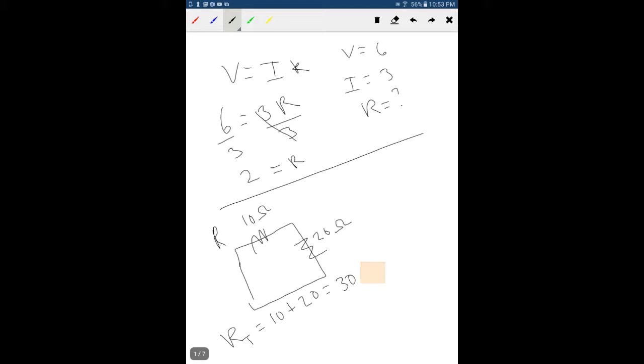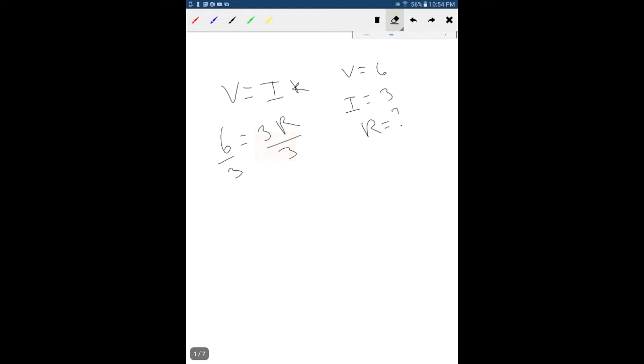So let's go back and erase all this to give us a nice blank screen, because we're going to need a little bit of room to compute our parallel circuit. We've got our battery right here, this is our symbol for a battery. Then we have our two channels of our parallel circuit.